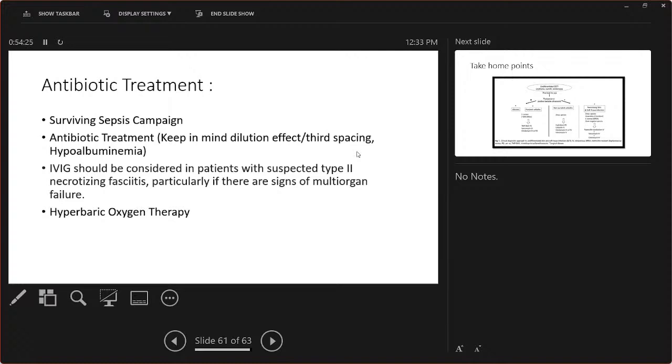You can say that it is not standard of care, that people have tried many therapies. So you say it is not a class one recommendation. Based on this study, they have tried IVIG and hyperbaric oxygen, but we know the patients are pretty sick to undergo hyperbaric oxygen.